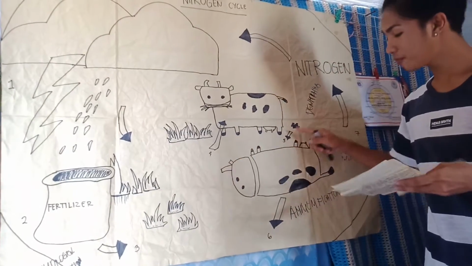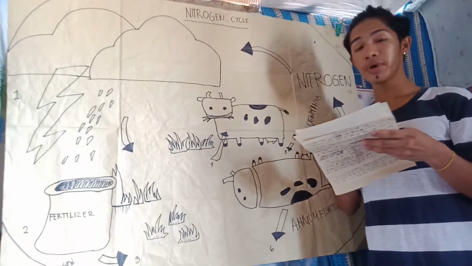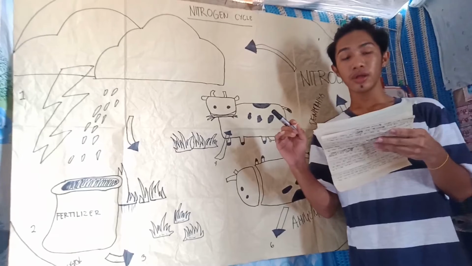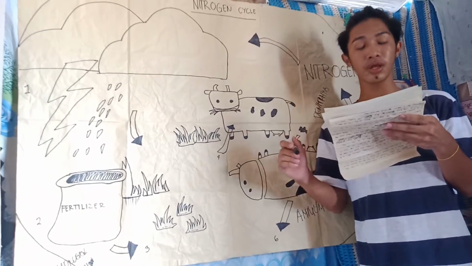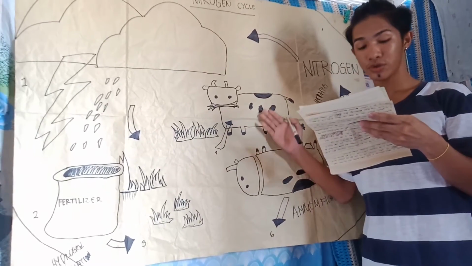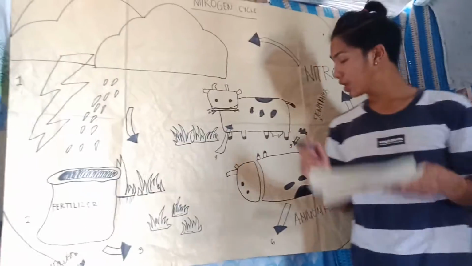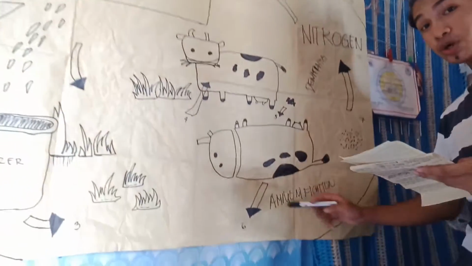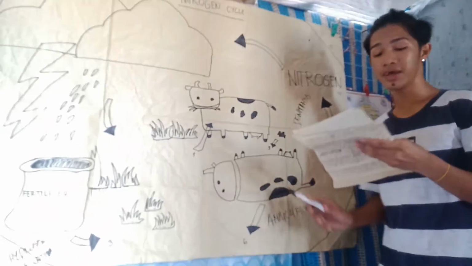Here in steps 5 and 6, when these animals poop, pee, or die, the waste products or dead bodies are broken down by decomposers and the nitrogen is reintroduced into the soil, in a process called ammonification. And the last step is step 7.